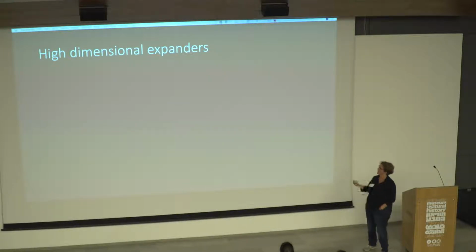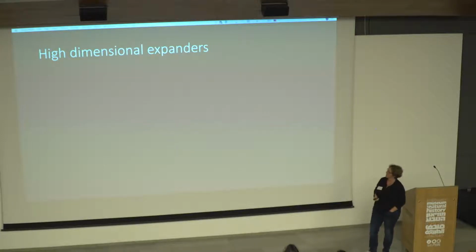At least this is how I want to present it in this PCP talk. I've heard about high-dimensional expanders maybe 6 years ago, but somehow I didn't understand what it was, and I didn't realize that it's connected to PCPs.